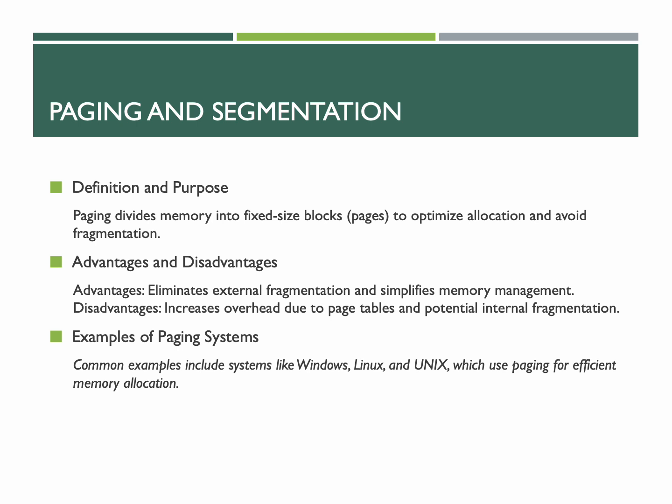If you'd like to know more and see some examples of paging systems, paging is used in most modern operating systems including Windows, Linux, and Unix. So how is paging used in Windows? It implements virtual memory using paging for efficient memory allocation.